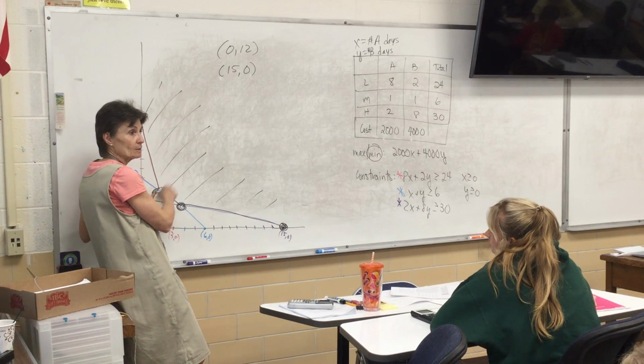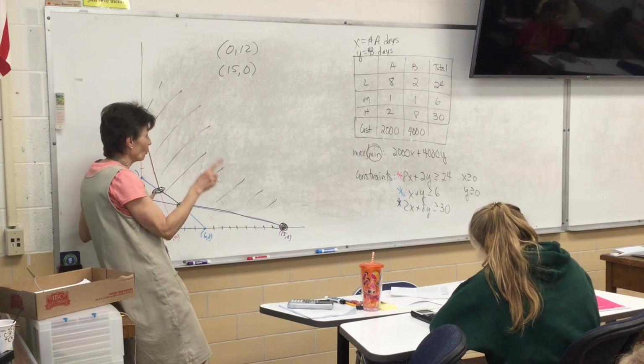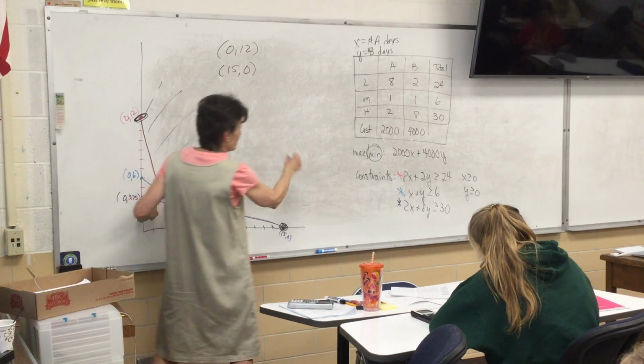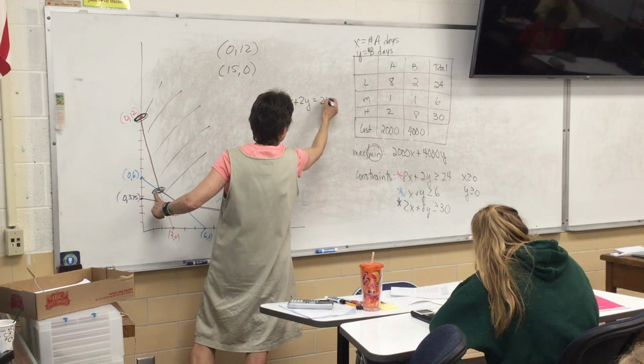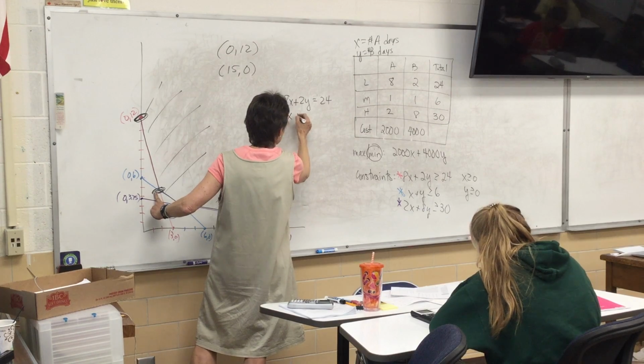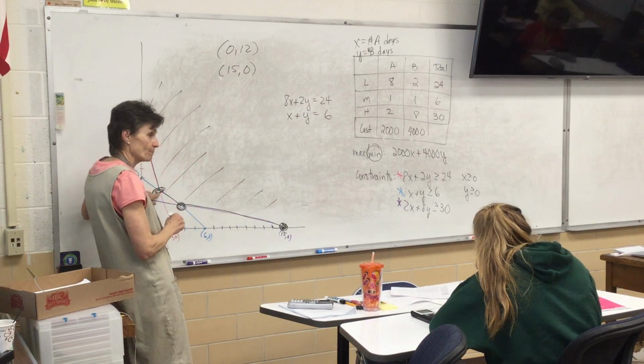Set the equations equal to each other and then substitute or eliminate with red and blue. So 8x plus 2y is 24, and x plus y is 6. That's this point right here.